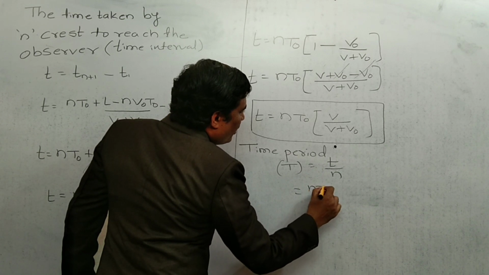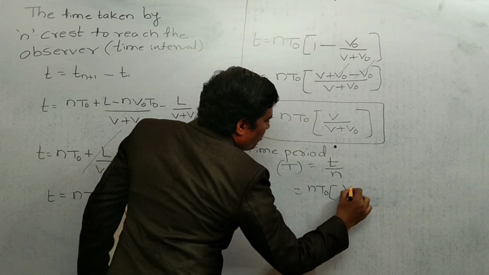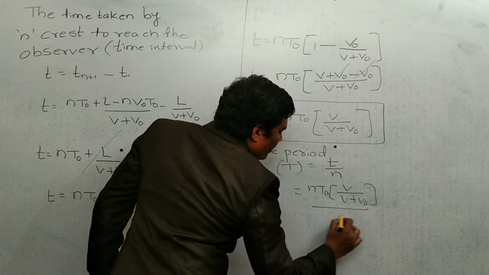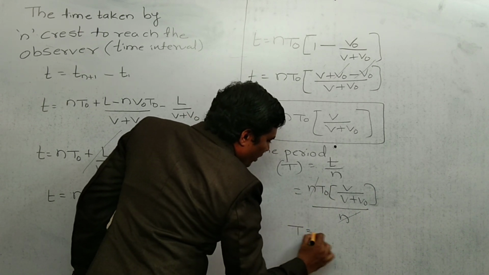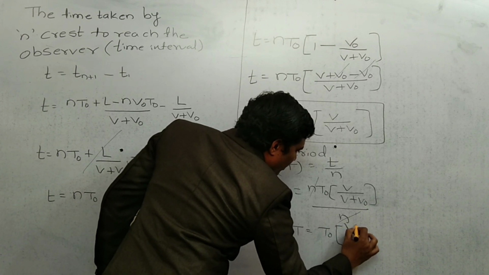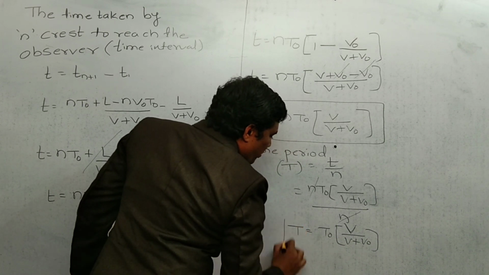It is n t naught v by v plus v naught, by n. N gets cancelled. T equals t naught v by v plus v naught. It is the time period.